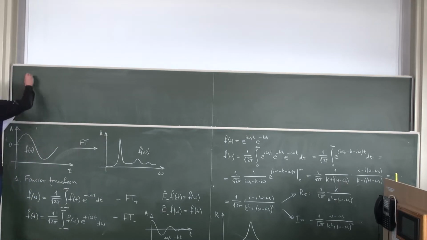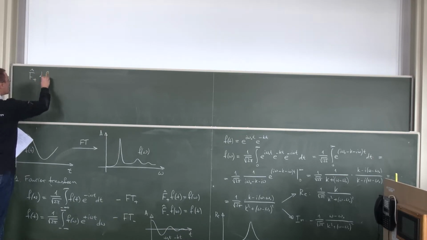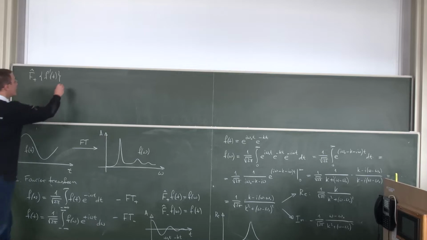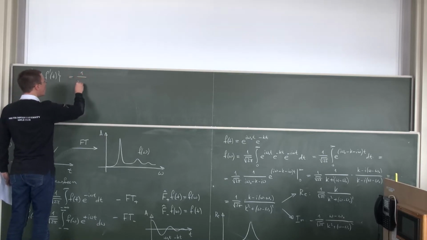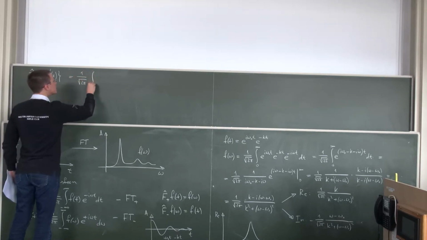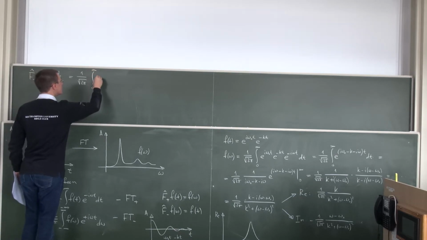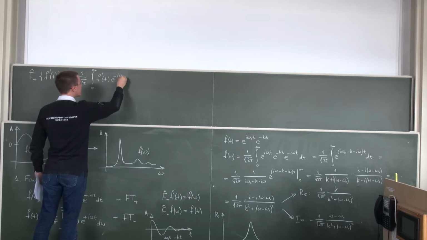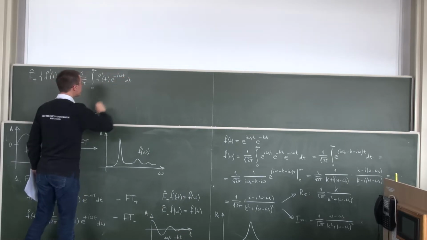So if we take a Fourier transform, so F plus operator, so that the integral operator there, acting on f prime of t. And I will take a one-sided Fourier transform, so it's only from 0 to infinity in this case. So that is going to be 1 over root 2 pi integral from 0 to infinity f prime of t e to the minus i omega t dt.